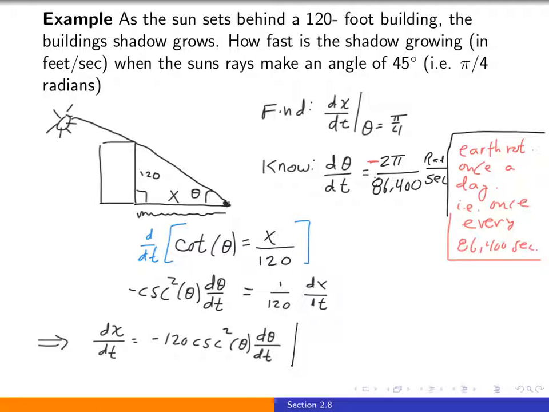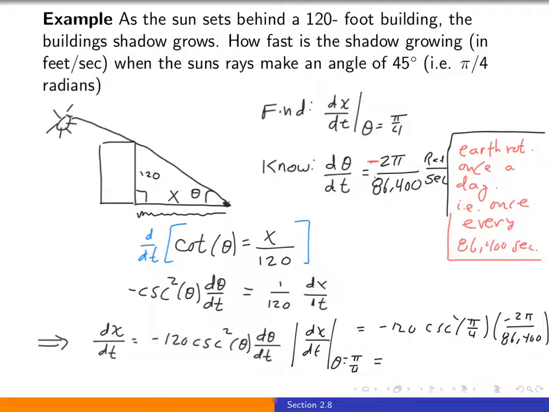So now the thing that we would like to find is dx/dt when theta equals pi over 4. That's going to be minus 120 times cosecant squared of pi over 4 times d theta/dt, so minus 2 pi over 86,400.